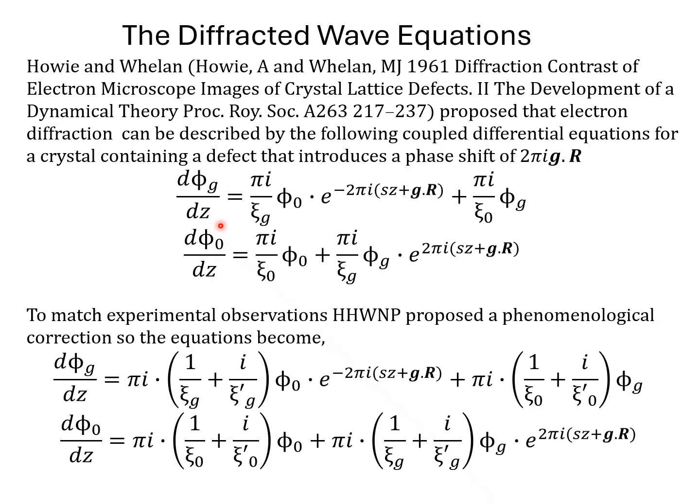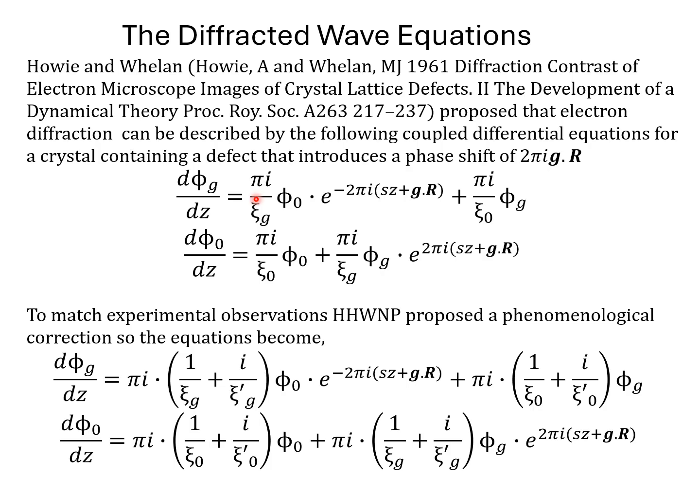So you can see how, if we look at d phi, the change in the amplitude, let's say of the direct beam or the scattered beam, the change in the amplitude is, if you like, dz over psi g. It happens over a certain distance where you get a change for whatever reason.